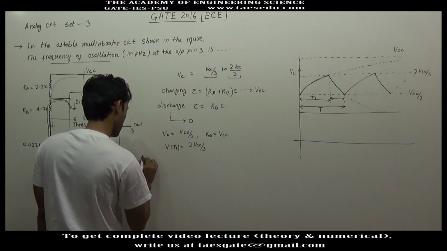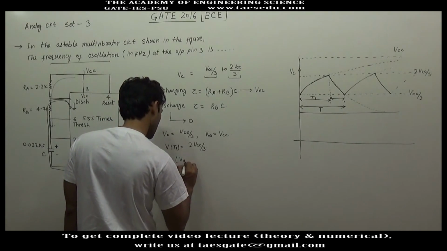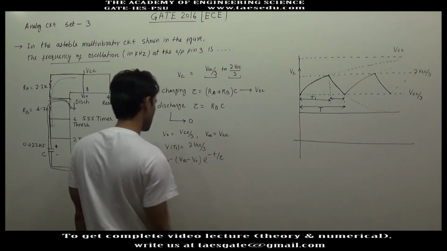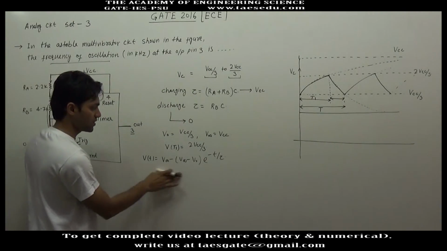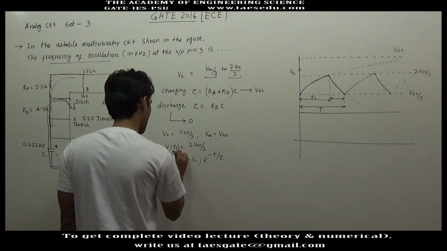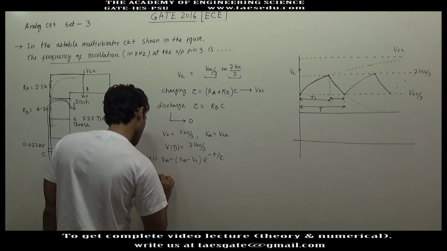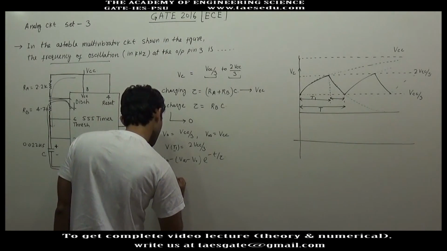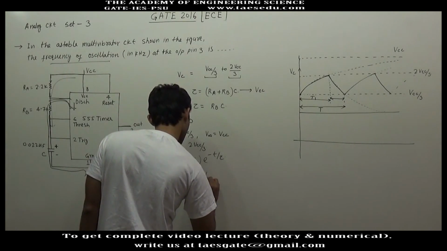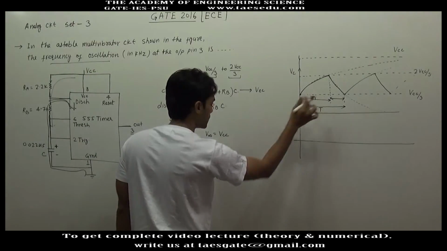Now we will apply this formula. Vt is equal to V infinity minus V0 into e to power minus t divided by tau. This we have studied in DC transient circuit. So at time t1 the voltage is 2 VCC by 3, which is equal to V infinity, VCC, minus V0, VCC by 3, into e to power minus t1 divided by tau.